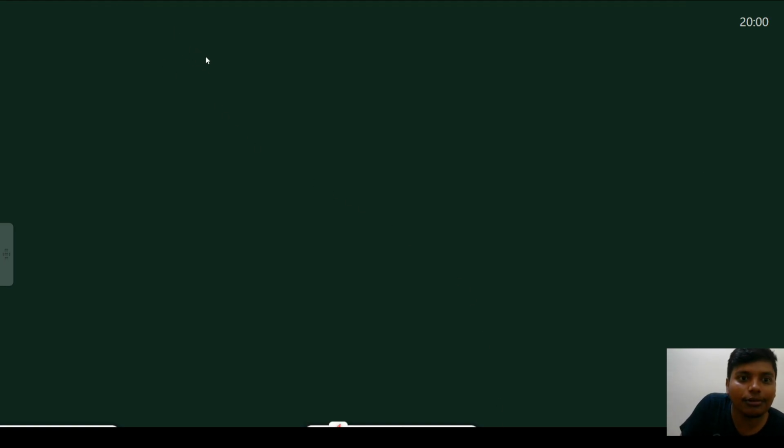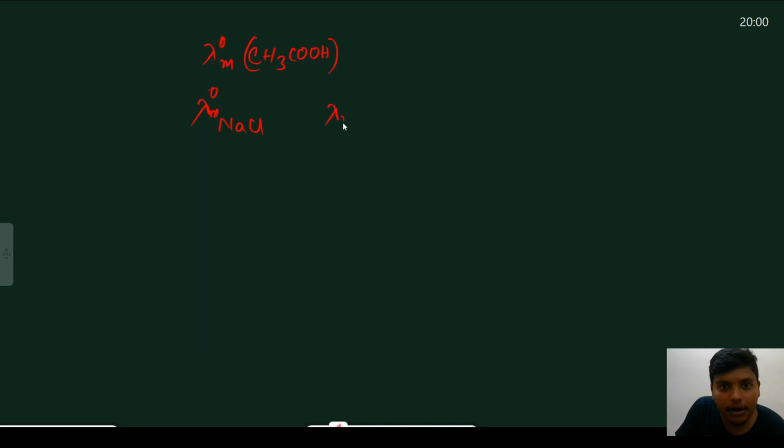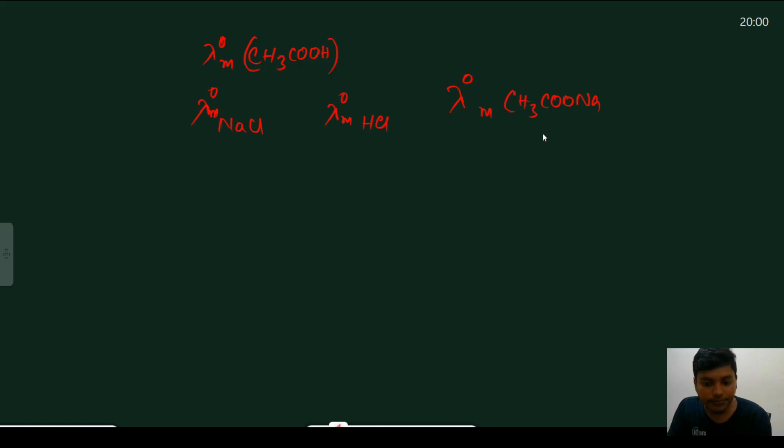Now think about one thing. By this we can calculate lambda naught m of CH3COOH. How? See, if you have the lambda naught value of NaCl, and the lambda naught value of KCl or HCl, these are all strong, and the lambda naught value of acetate, CH3COONa, this is also strong. Yes or no?